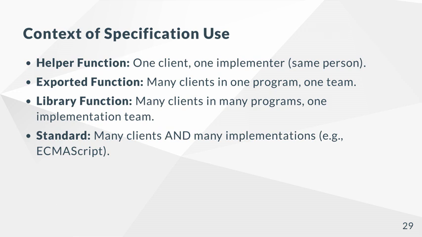Library functions: used by many programs, often by developers around the world, like an npm package. Standards: many different implementations, like Chrome, Node, and Safari, all following the same specification, like the ECMAScript standard.